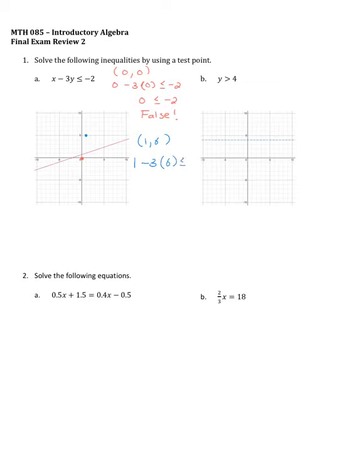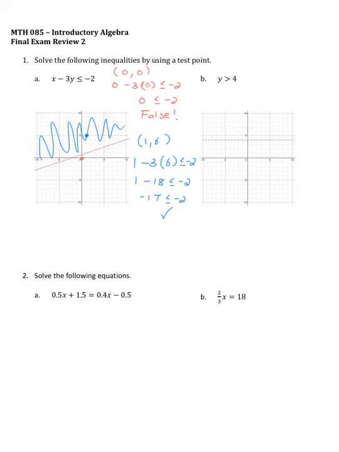Is that less than or equal to negative 2? So that's 1 minus 18, which is negative 17. It's less than or equal to negative 2. This is true. That means I want to use this side of my line because this point worked.